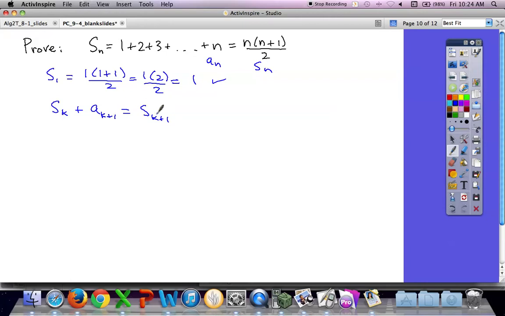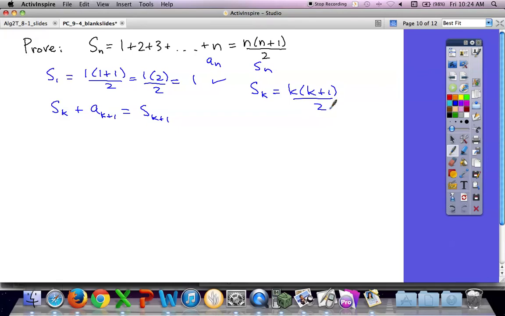Now let's figure out what is S_k. If this is the formula for S_n, then what is S_k? Yes, k times k plus 1 over 2. Just put k in the place of n.